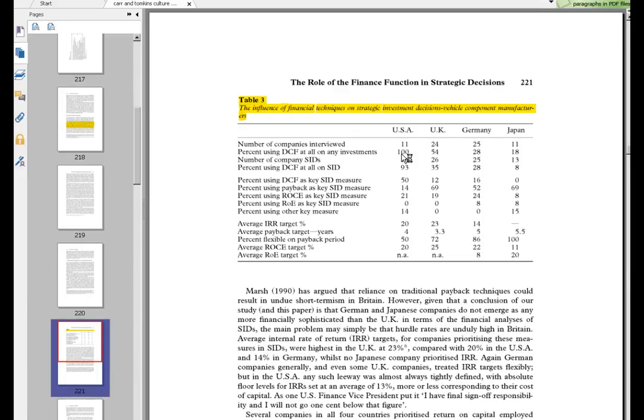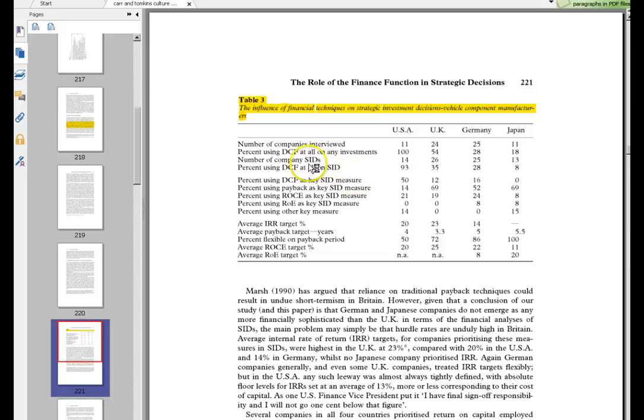However, only 54% in the UK. So there were 46% who said no, we never used DCF at all. Only 28% in Germany used DCF on any investment at all, and only 18% in Japan. So a very different picture here.